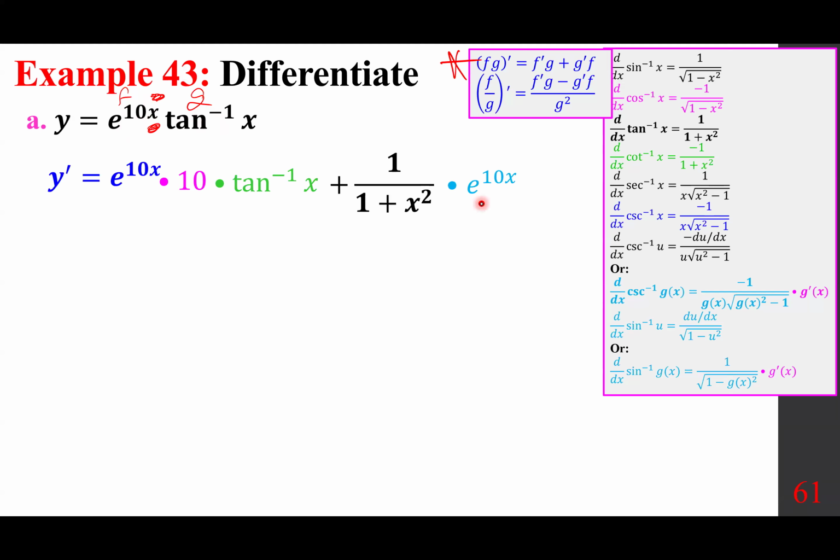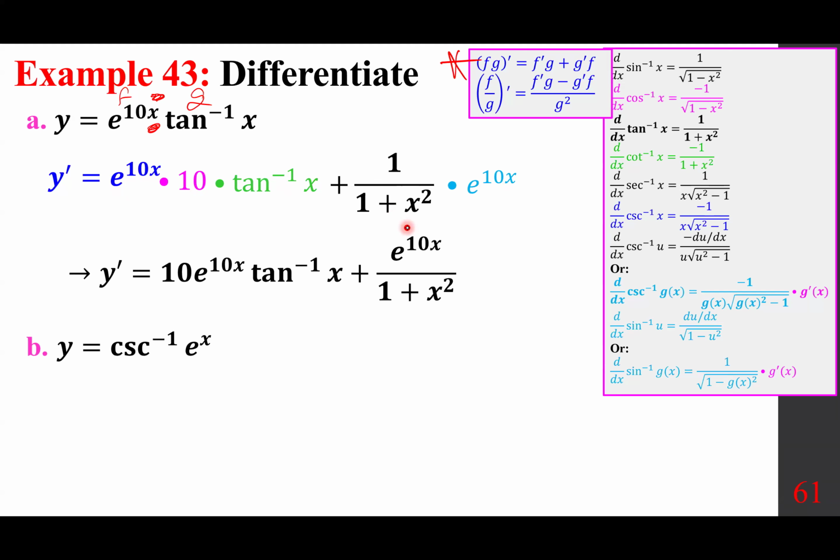This is it. We're done with calculus. We are going to rewrite things. This is 10 e to the power of 10x tan inverse x, plus e to the power of 10x over 1 plus x squared. You can leave it like that, or you can take the e to the power of 10x out. It doesn't help much, but basically we are done.